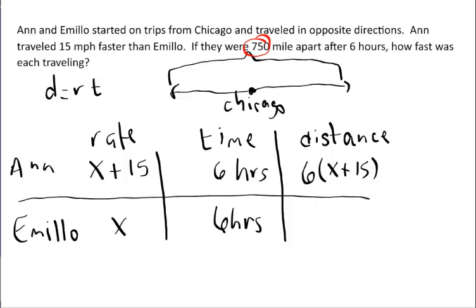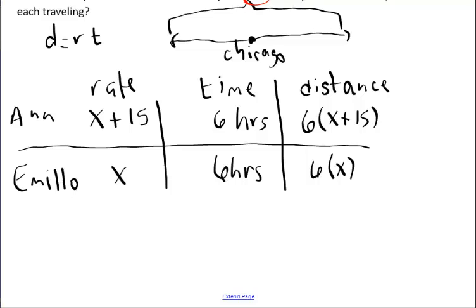What about for Emilio? He's going to be 6 times x. And guess what? Both of these guys together need to add up to the total distance traveled. So these two guys, when we add them, need to add up to 750 miles.